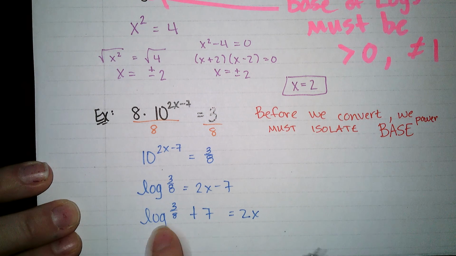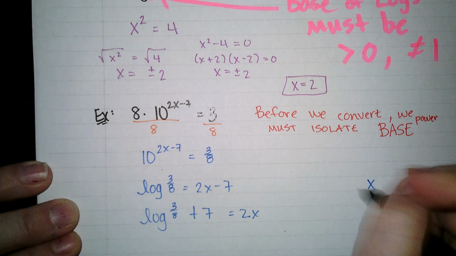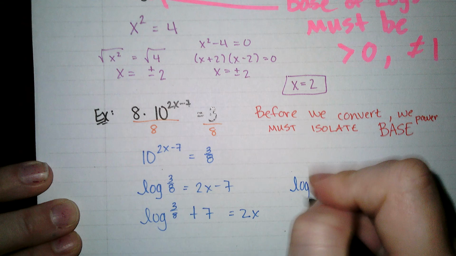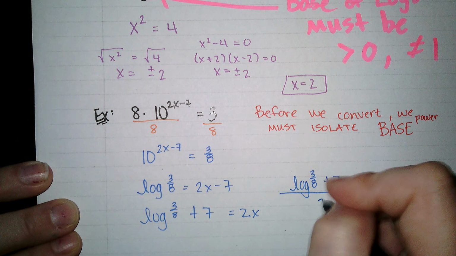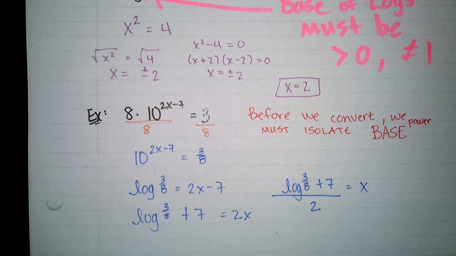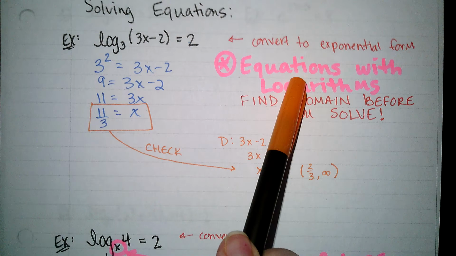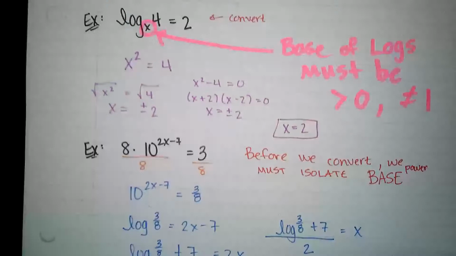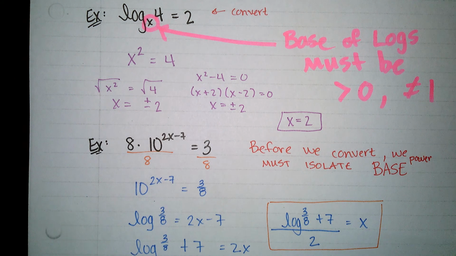So it just stays that log like is its own little guy, and then plus the 7. Then when I divide both sides by 2, I'll have x equals log of 3/8 plus 7, and then the whole thing over 2, which I know looks weird, but that's how it is. Then thinking about domain, we only have to check the domain if our equation had a logarithm, which it did not. So this will be the answer or the solution to that equation.